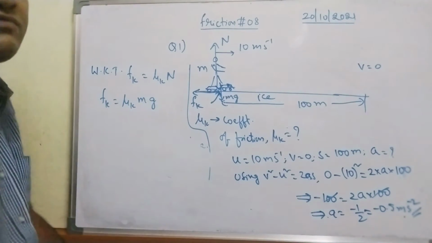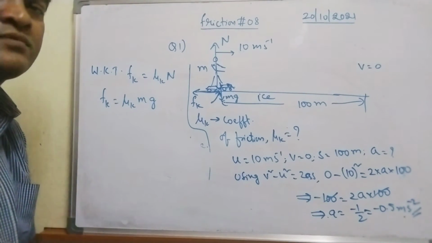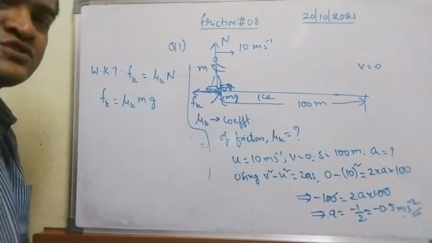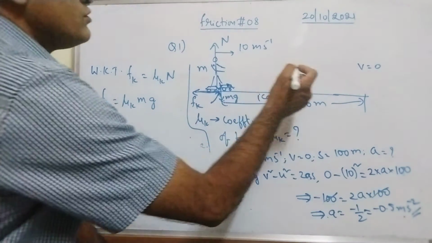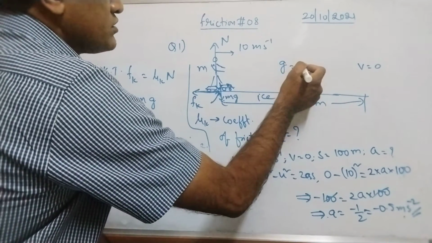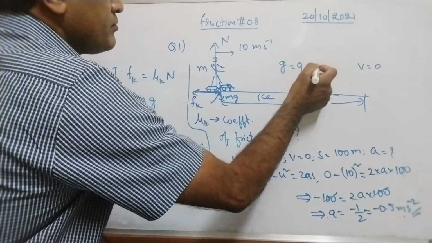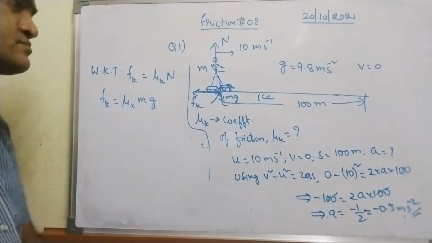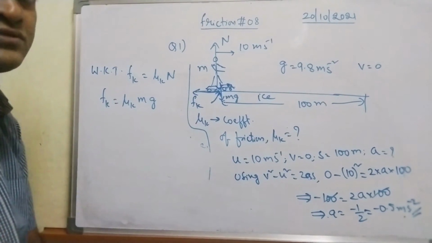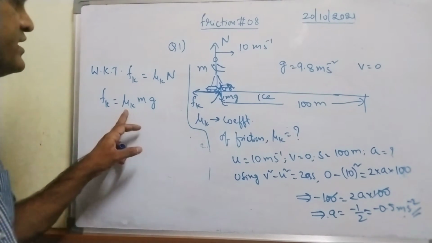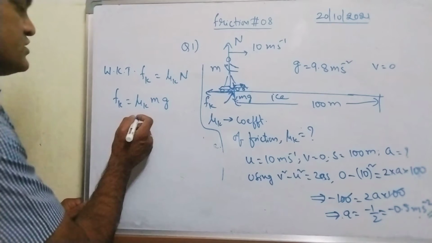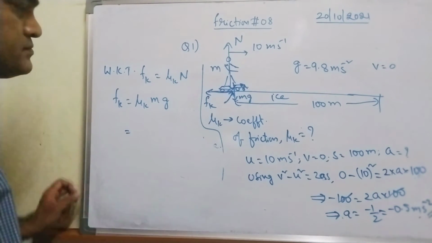Here let me take g value as 10 meter per second square for simplicity. Or let me give you g value as 9.8 meter per second square. Anyways, you can use 10 also, no issues, right? So I need this mu k. Fk is nothing but mu k mg.